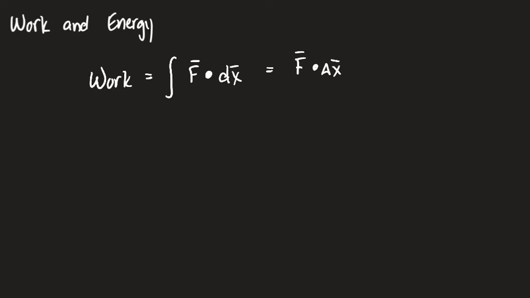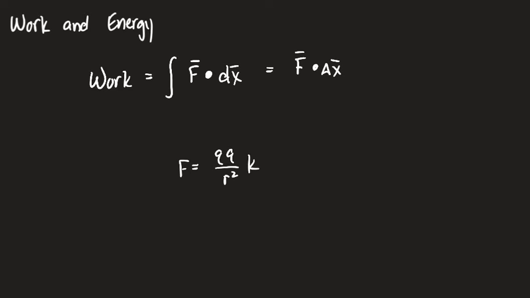Now, we can't do that in this class, and part of the reason for that is we already have examples of forces that aren't uniform in nature. Meaning, one particle can apply a force to another particle, and the nature of that force is an inverse square. Meaning that if you have two particles in space, the force applied on one from the other gets smaller as the distance between them grows.